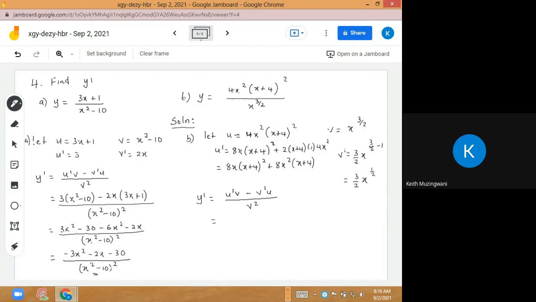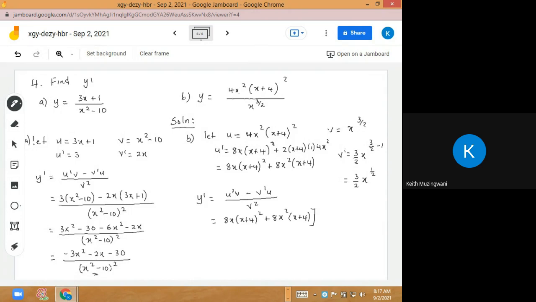That is, u prime is 8x times x plus 4 squared plus 8x squared times x plus 4.